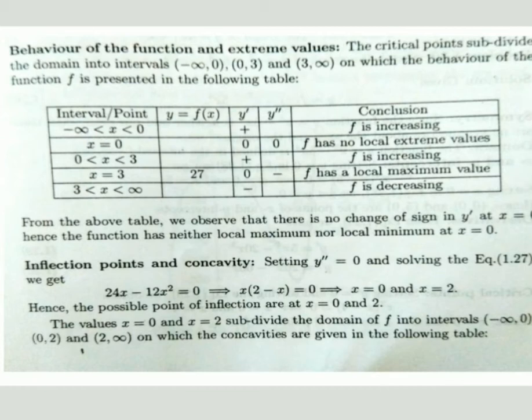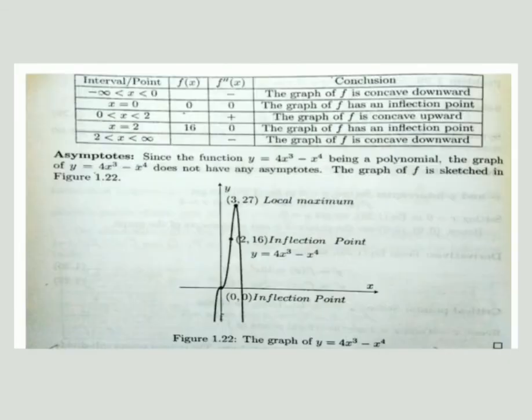Next, to find the point of inflection, we can say that y double dash is equal to 0. So from that we will obtain x is equal to 0 and 2. So therefore the possible points of inflection are 0 and 2. So that divides the domain into minus infinity to 0, 0 to 2 and 2 to infinity. At that time we can see the concavity here.